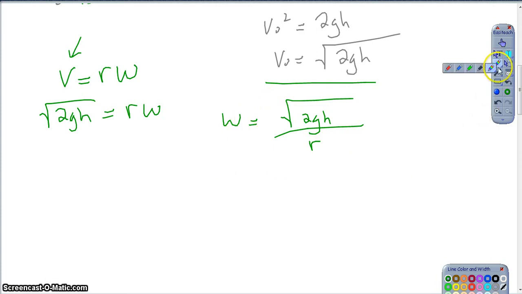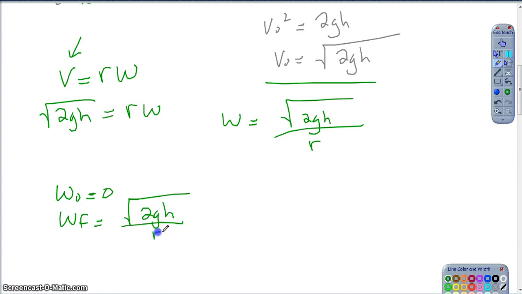So now let's start thinking in terms of our angular measurements. What information do we know? We know that the initial angular velocity when we launch it would be 0, because when you pull it back to that biggest angle, it's going to start at rest. We know the final angular velocity that we need is what we just found, the square root of 2gh over r. And then they defined the acceleration in the problem as a constant angular acceleration.